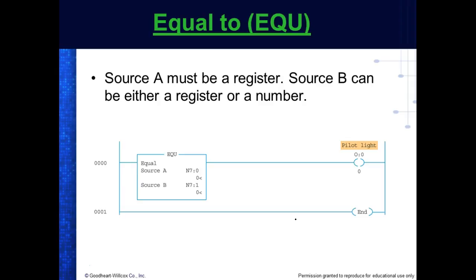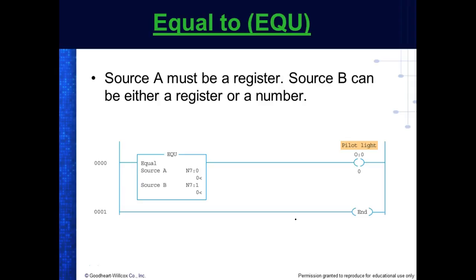So here we're bringing the info in. Source A has to be a register, the contents of a register. So this is what we call register or direct addressing, right? Source B can be a register, immediate addressing or a number, or accessed by a register.